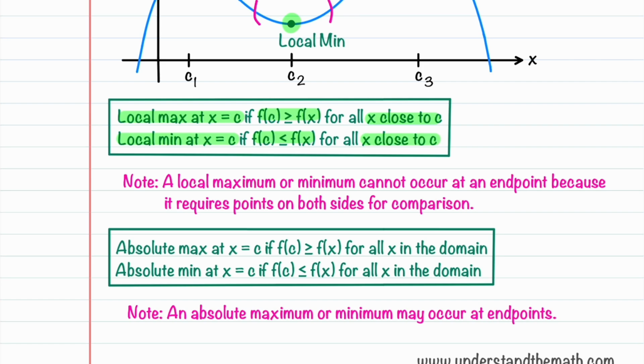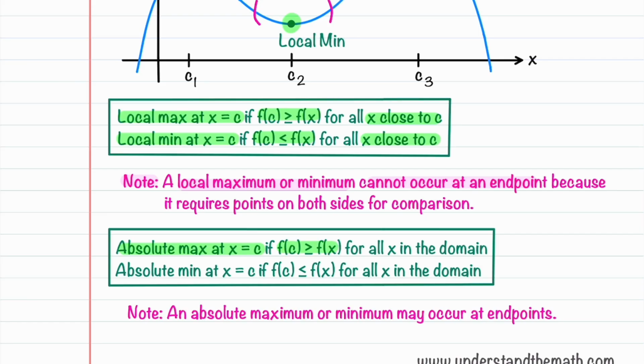Here's one important note. A local maximum or minimum cannot occur at an endpoint because it requires points on both sides for comparison. A point is an absolute max at x is equal to c if f of c is greater than or equal to f of x.